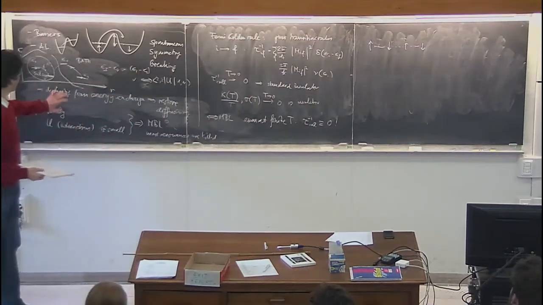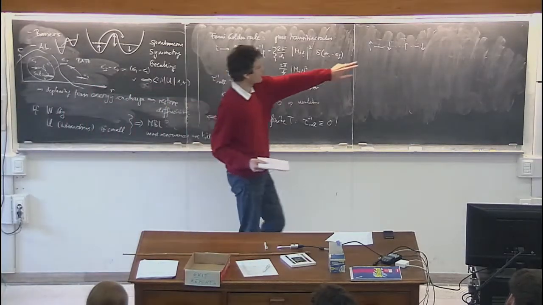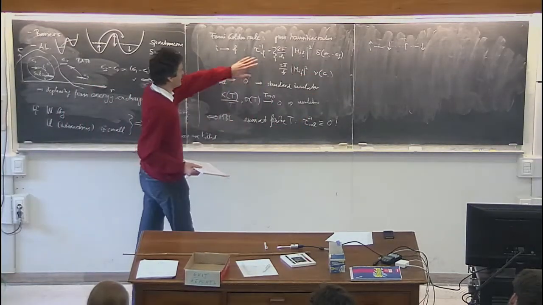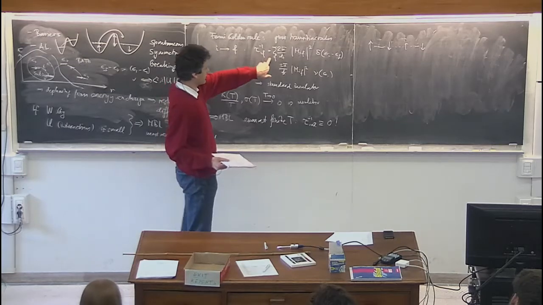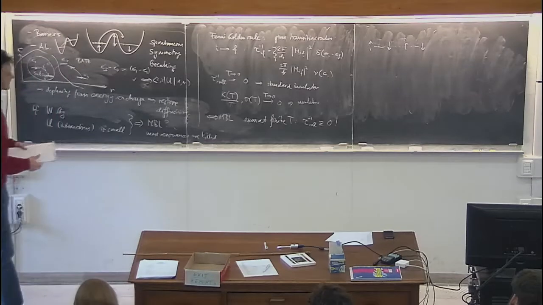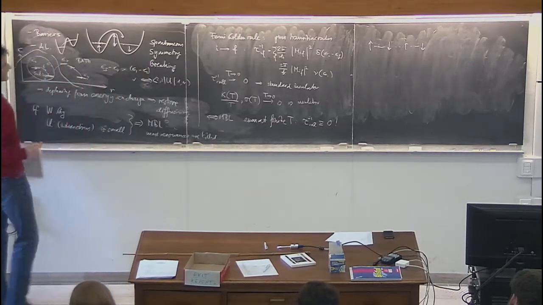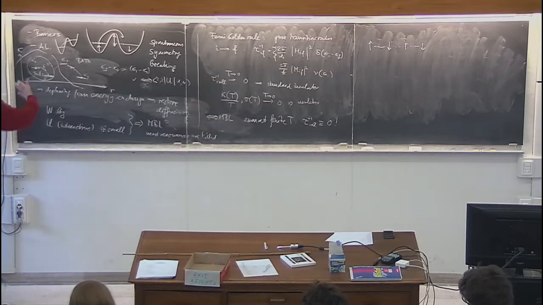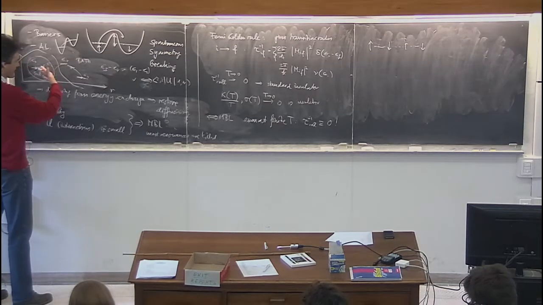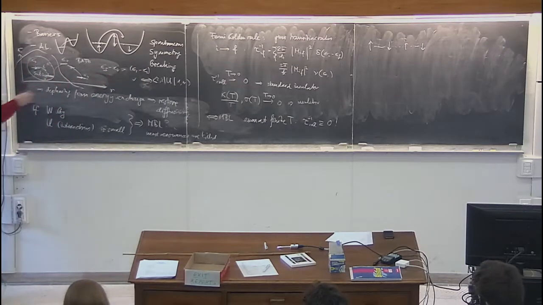So if your environment acts essentially as a finite system like here, then this formula makes no sense, or it is essentially equal to 0, and you have no decay. You can only have decay if you couple to infinity efficiently. If you can get energy away and it diffuses away, or you take energy and it comes back from infinity, then you can have transport and equilibration, and otherwise not.